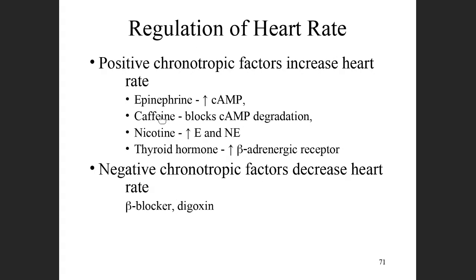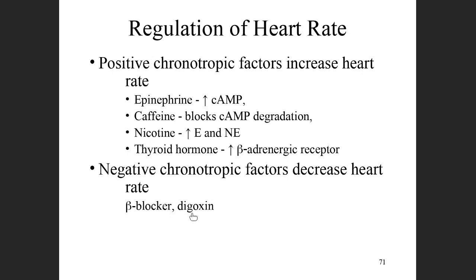Too much caffeine, your heart rate will increase. Nicotine and thyroid hormone, which increase the beta adrenergic receptor. But besides nicotine and thyroid, these two you need to know: epinephrine and caffeine, which increase the heart rate, which you already know.